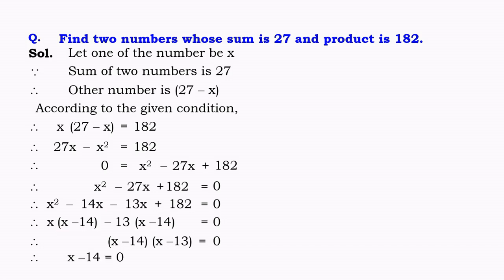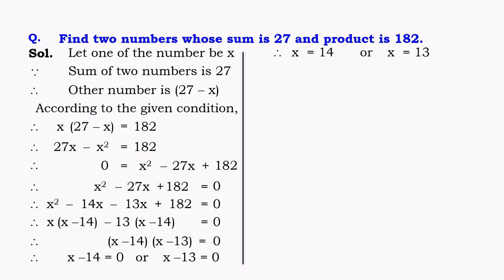Factoring further, we obtain x minus 14 multiplied by x minus 13 equals 0. Therefore, x minus 14 equals 0, or x minus 13 equals 0. So, x equals 14, or x equals 13.